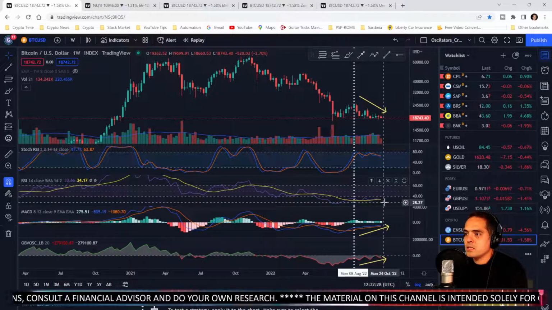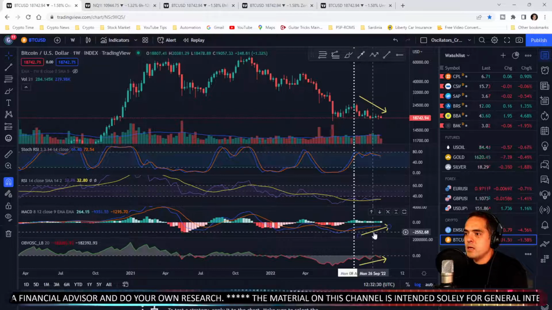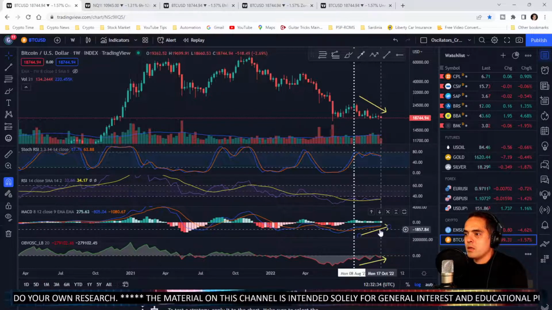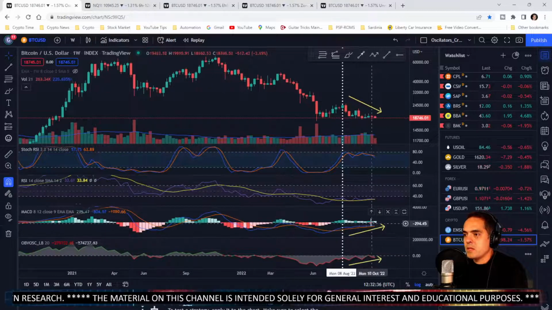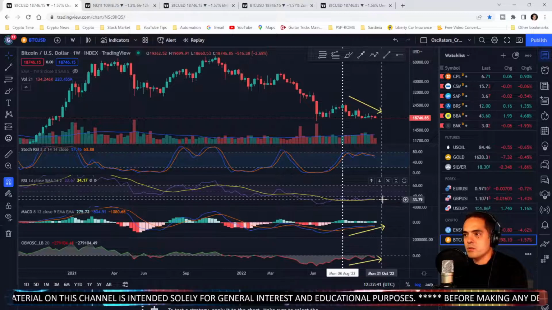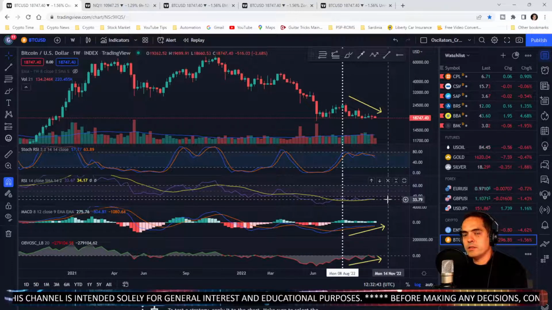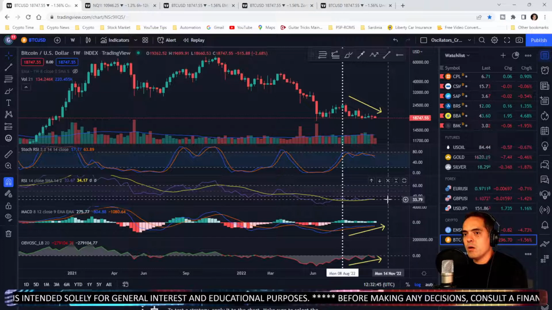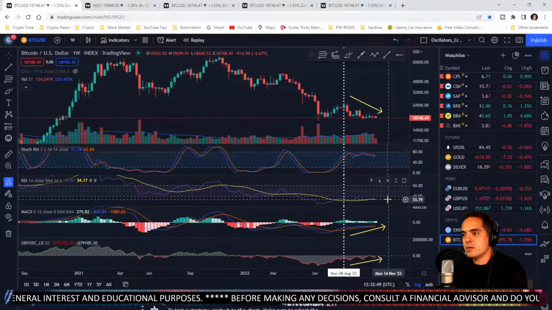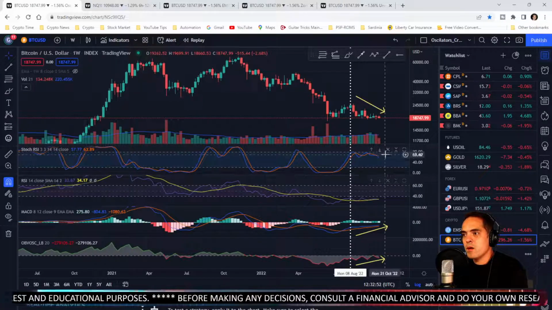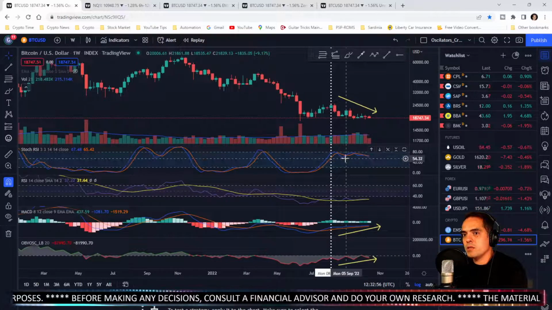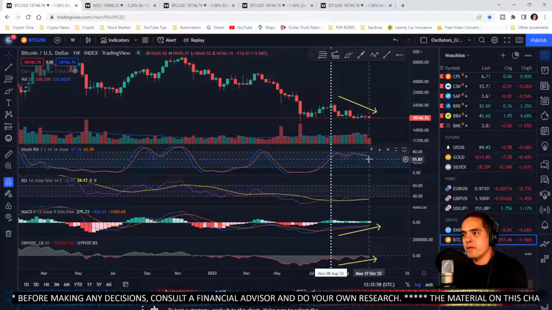Also we have the MACD now trying to go parallel these days, and RSI very bearish. We are at the 30 level, so we are at a very bearish time right now. And just now happening, you see the stochastic RSI is going down.